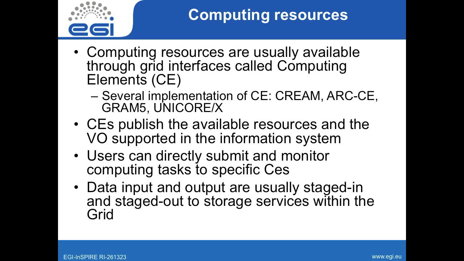So virtual organizations publish their requirements, and then sites, if they want to enable a virtual organization, will go through the requirements and see if their site can support the virtual organization, and if needed, they will also set up a software environment for the virtual organization.